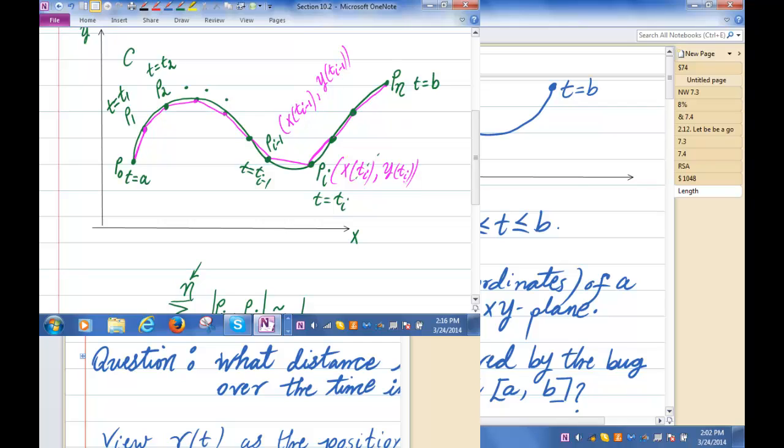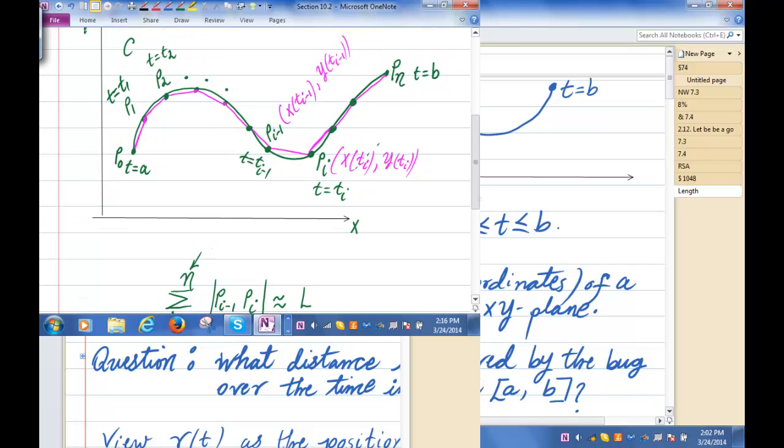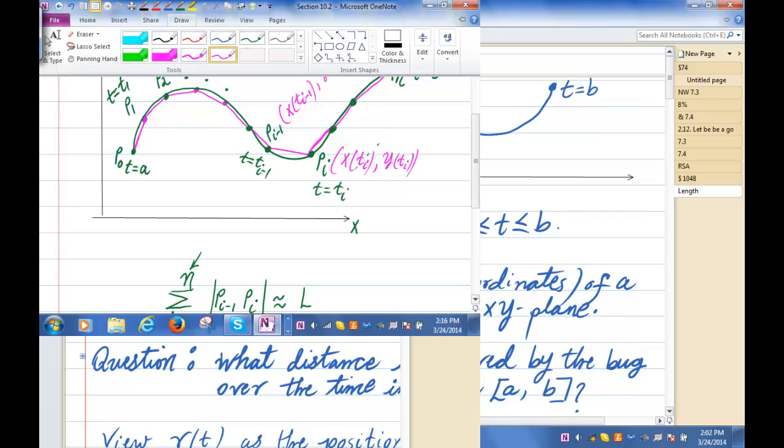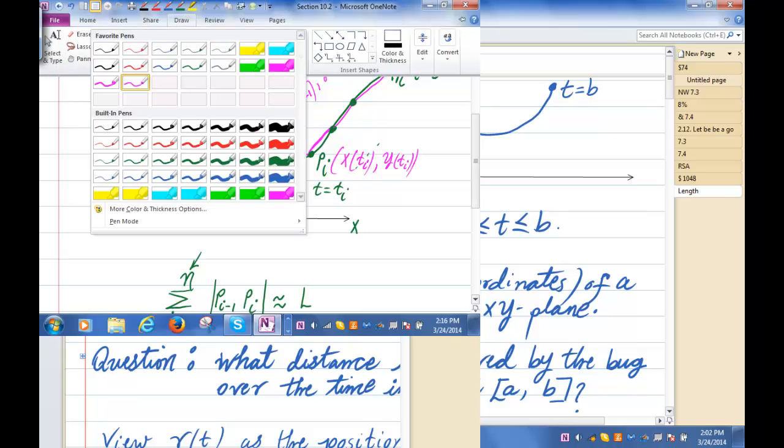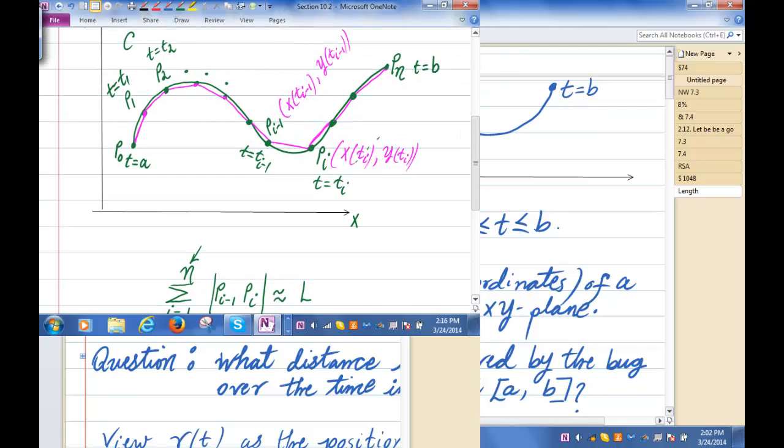Everybody agrees with that? All right, so if you agree with that, can someone tell me what's the distance between the 2 points, P(i-1) and Pi? How do you find the distance between 2 points? You subtract the x coordinates, square it, subtract the y coordinates, square it, then add them and take the square root.